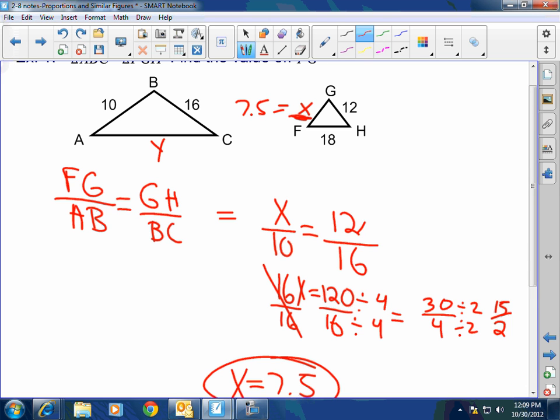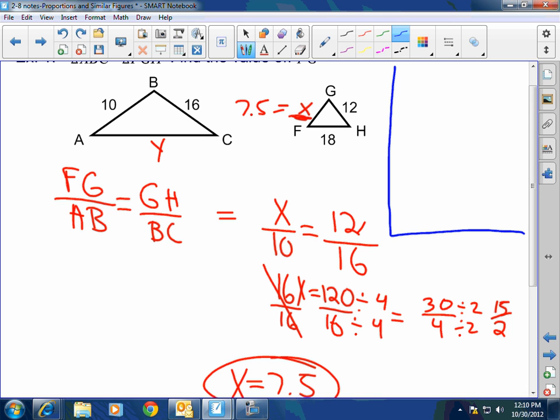By simply setting up a proportion of corresponding sides to corresponding sides. Now, some people like to do it a different way. So I'm going to show you that different way so you can see it is acceptable. We're going to do it in blue. Some people do this.